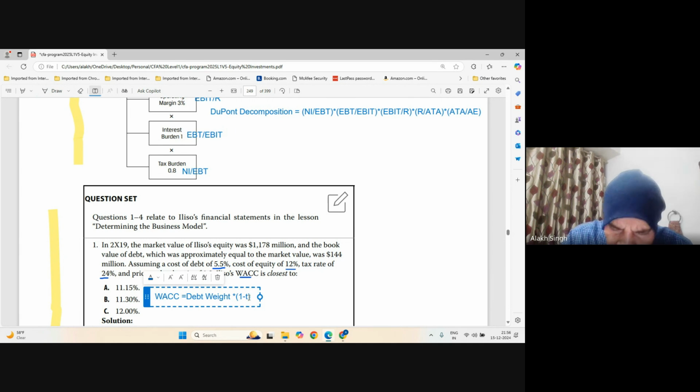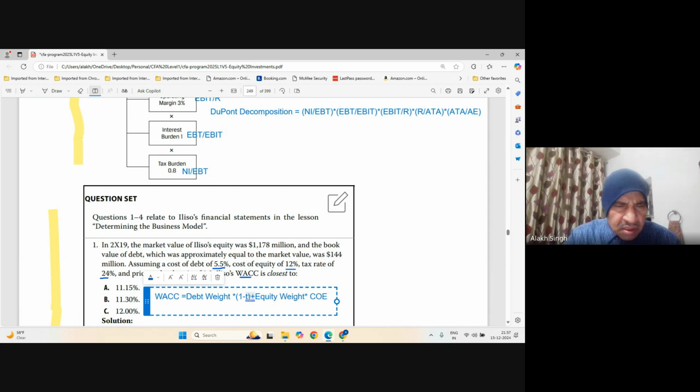And then plus equity weight times cost of equity, and there is no income tax rebate on that.